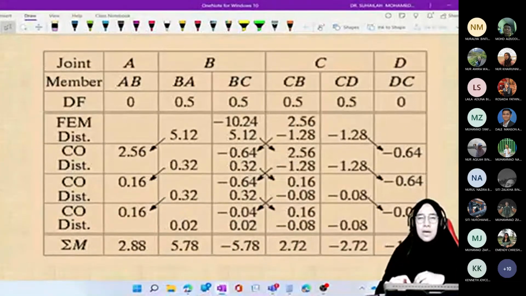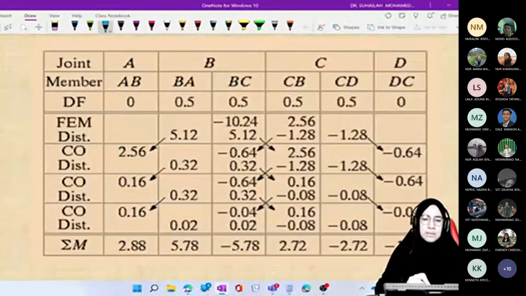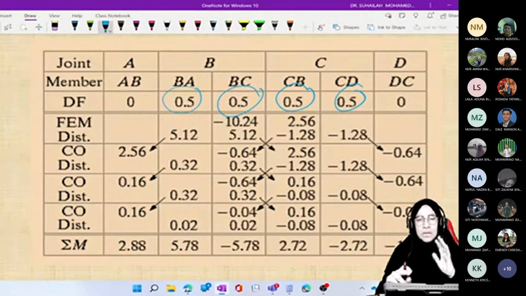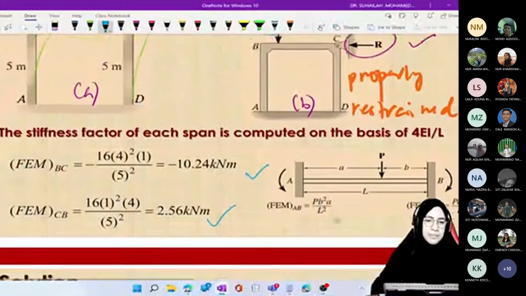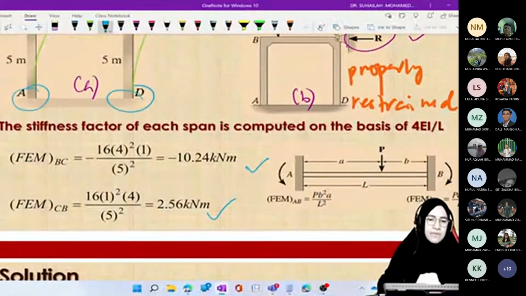Since it is symmetrical due to loading, we get 0.5, 0.5, 0.5, 0.5, because all the members have the same length. So the distribution factor is 0.5 like this. A and D are 0 because they are fixed.